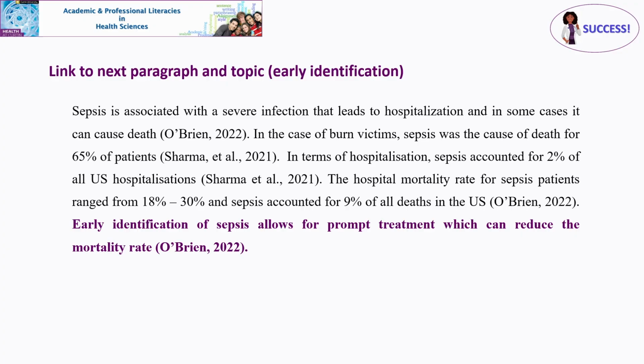And then the final sentence links us to the next topic, which in this case is early identification. So we can see clearly the function of all of the sentences in this paragraph.